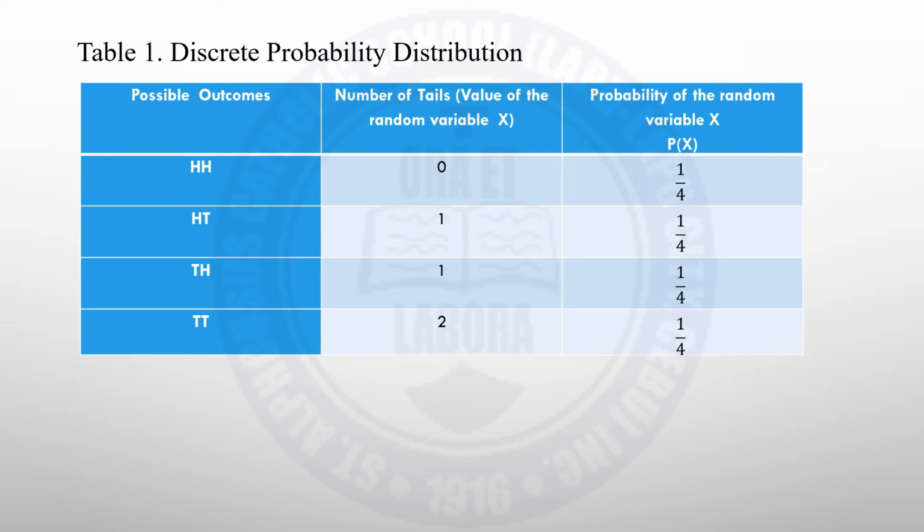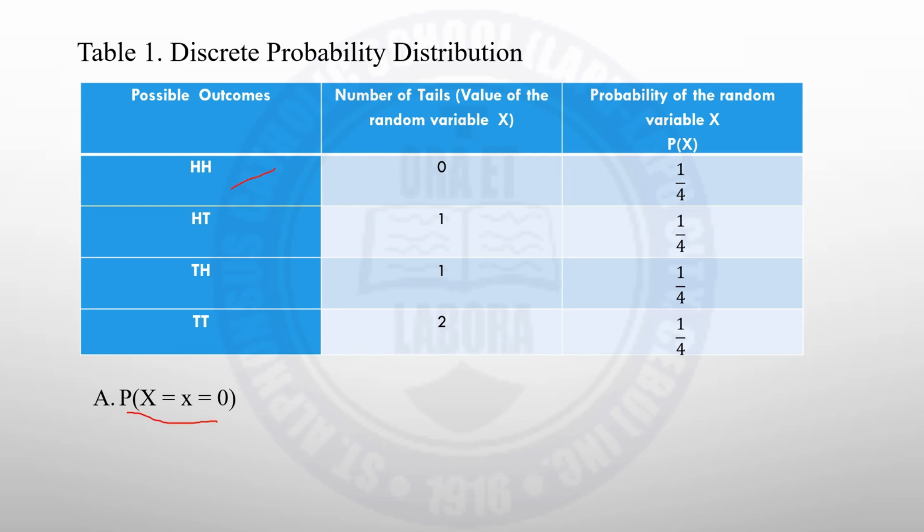So we are going to write the notation of the probability of the values of the random variable based on the given table. First, for H and H, the notation is this.